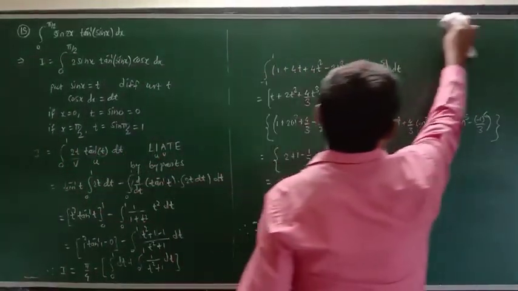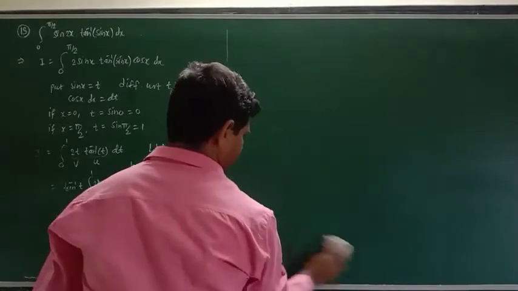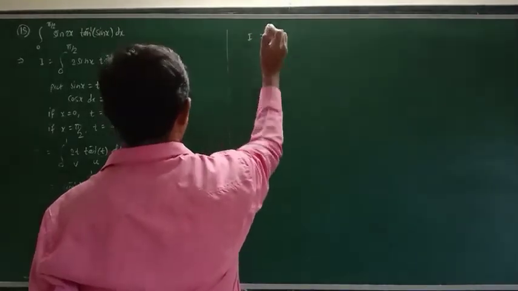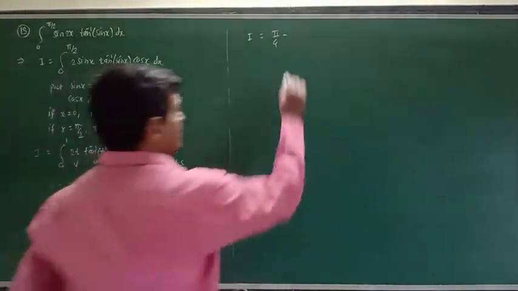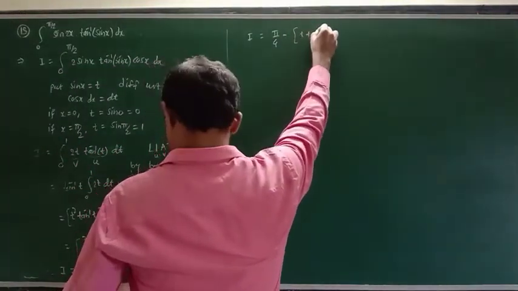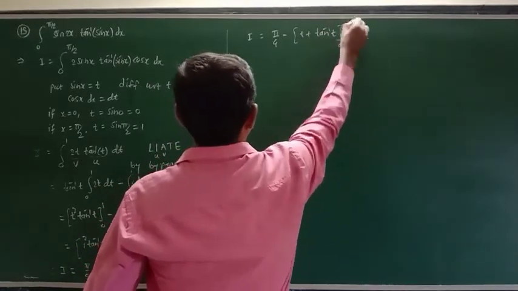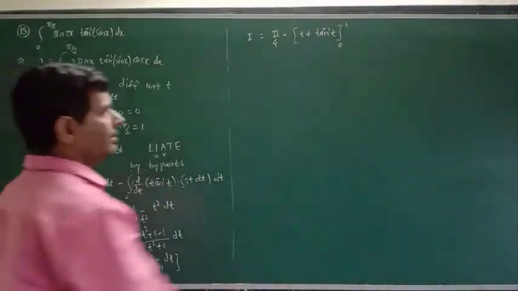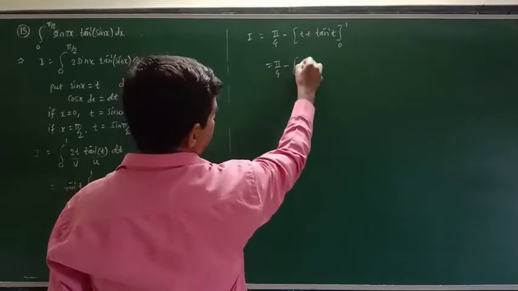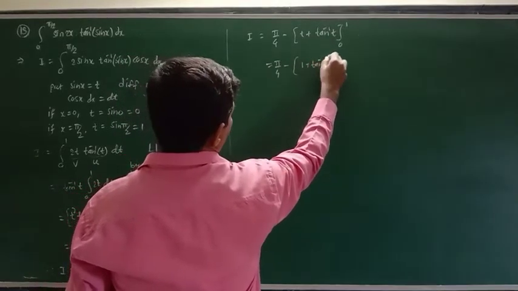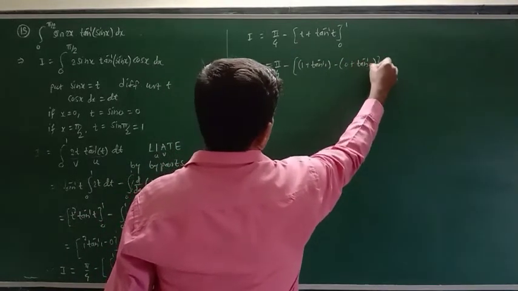Okay. Now I is equal to pi by 4 minus, integration of dt is t plus tan inverse t from 0 to 1. Okay. You see, pi by 4 minus upper limit is 1 plus tan inverse 1, minus 0 plus tan inverse 0.